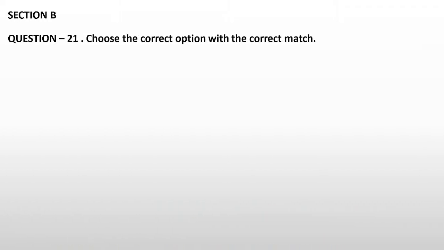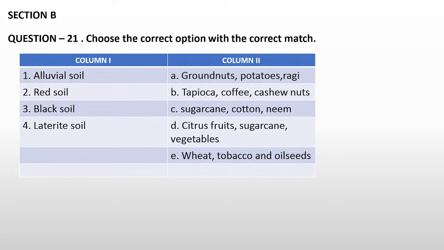Now, question number 21. Choose the option with the correct match. You have column 1 and column 2. In column 1, you have first alluvial soil, second red soil, third black soil, and fourth laterite soil.